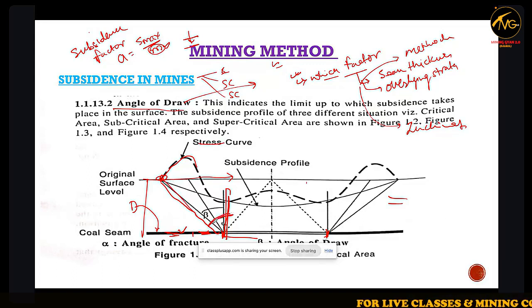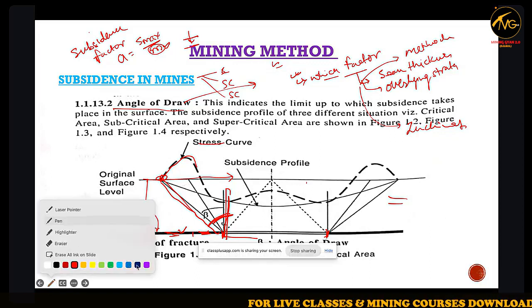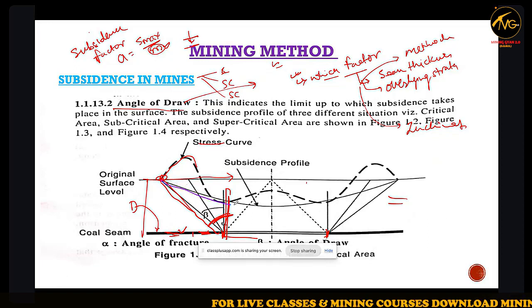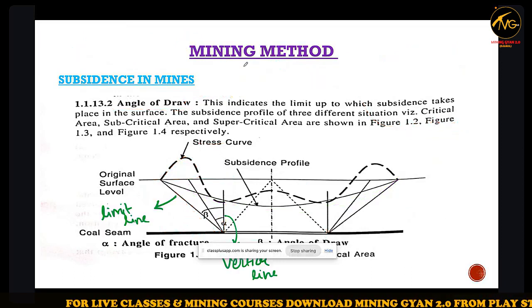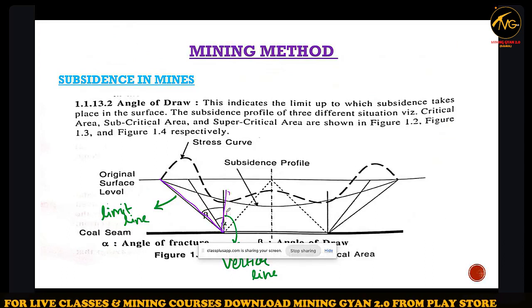This is your angle of draw. This is your subsidence profile. Now, what is the difference between critical, supercritical and subcritical? This is your limit line, and this is the vertical line. The angle between these two we call the angle of draw.